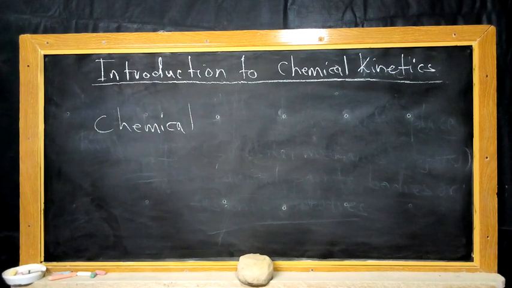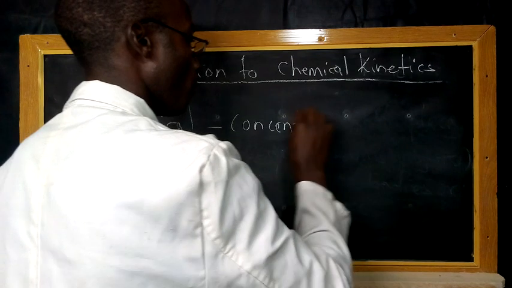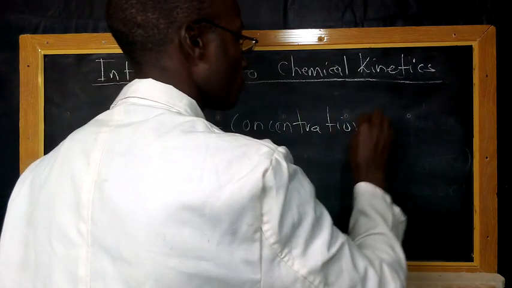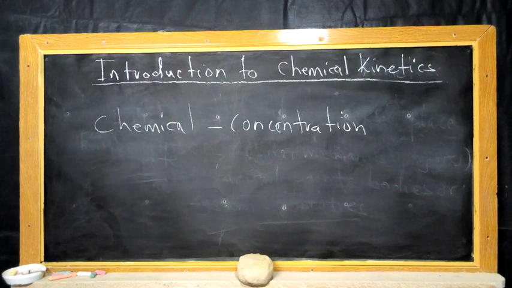Now, if we want to know whether a chemical is stronger or weaker, then we're going to measure its concentration. So the concentration of a chemical determines whether it is going to be a "stronger" or a "weaker" one. That is in quotes. So we're going to find specific terms that we're going to use for that.